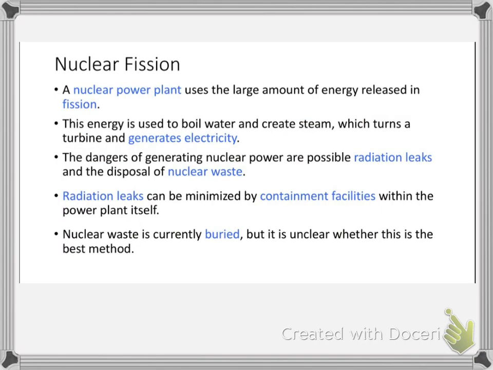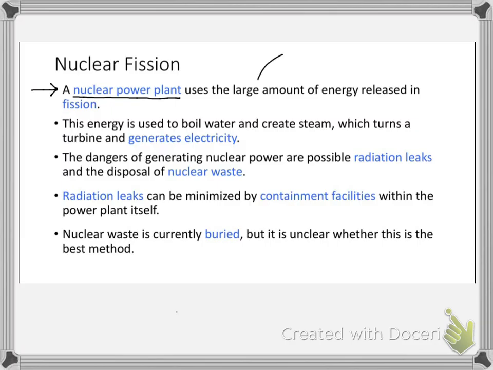So let's look at a few things to round out our overview of nuclear fission. The first sentence is already something that I've mentioned, that this is the type of nuclear reaction that is used in a nuclear power plant. And these reactions give off a large amount of energy.